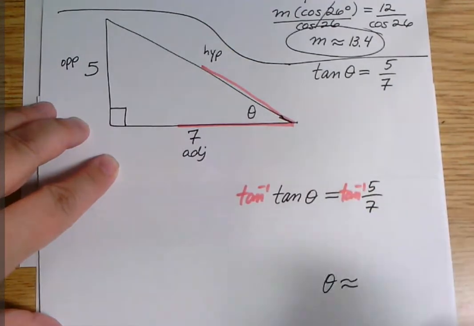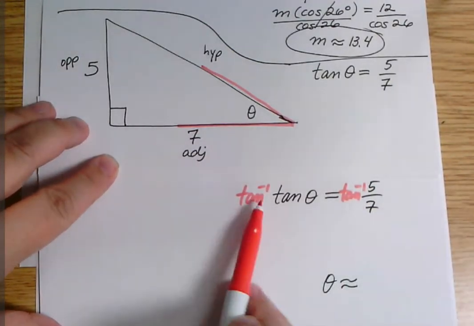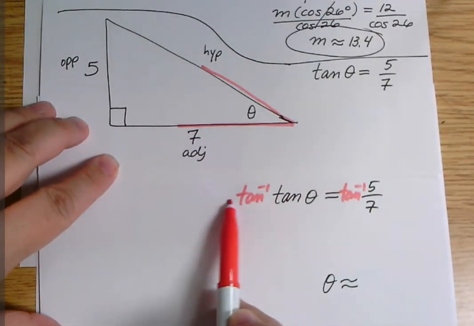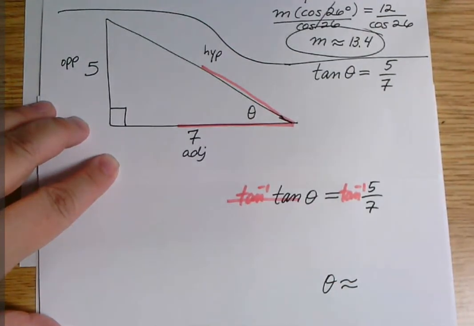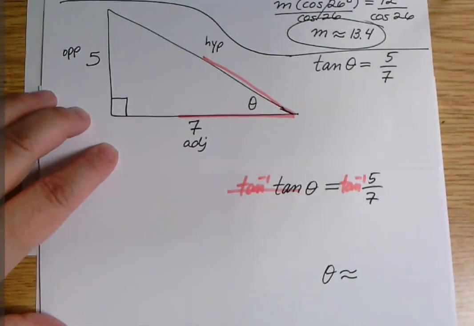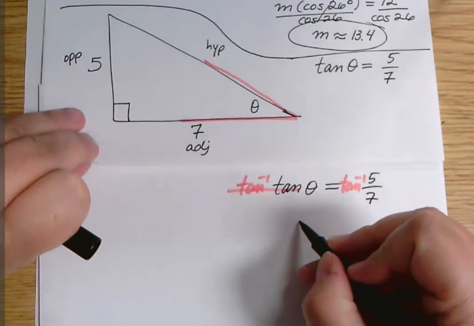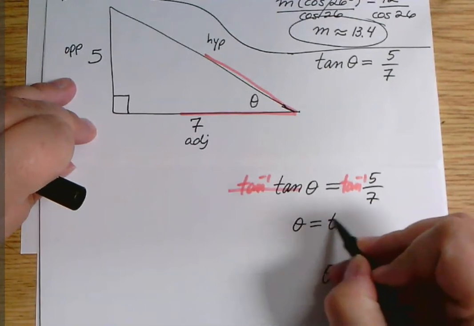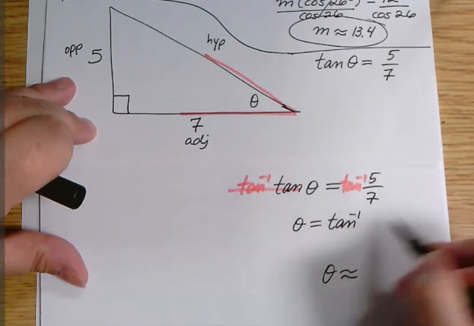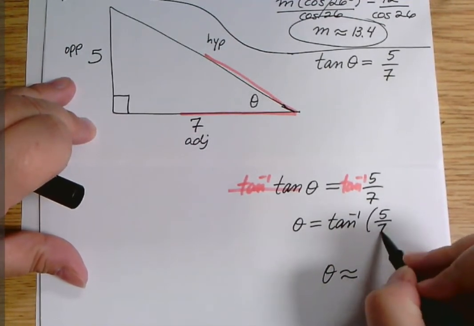Inverse tan is like undoing tan. So if I have inverse tan and tan, they cancel each other out. So you do that to both sides, and what that gives you is on the other side, and that's how we read that. It's not really tan to the negative 1 power, it's inverse tan. It's a notation thing. Inverse tan of 5/7.